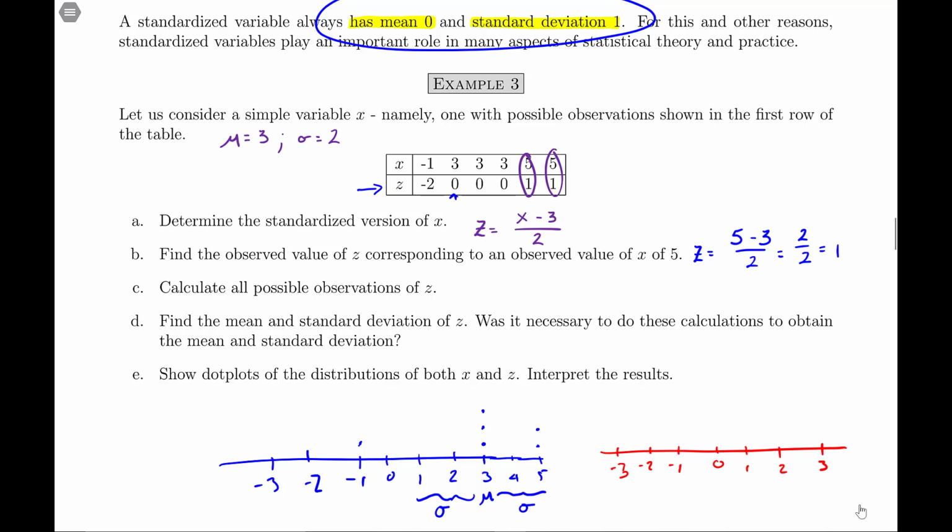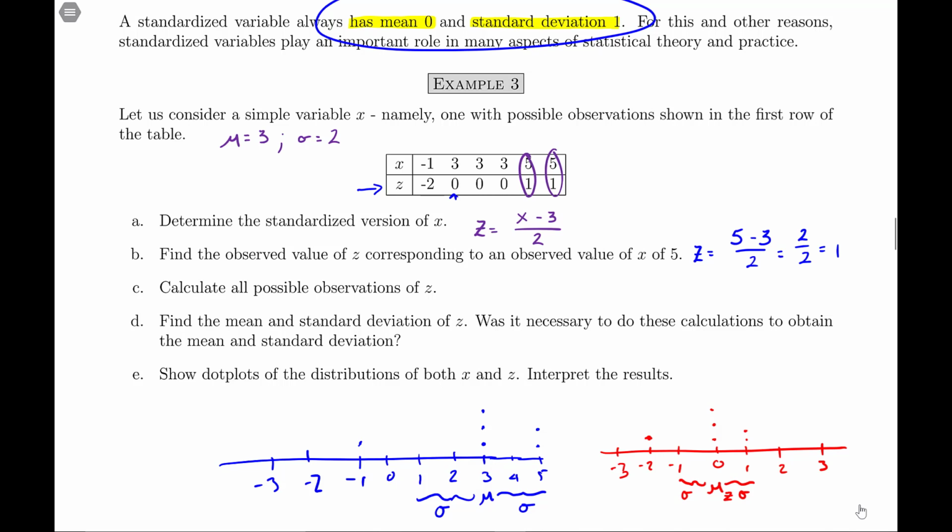We know that mu sub Z, the mean of our Z-scores, is 0. 1 standard deviation to the left, 1 standard deviation to the right. If I put in my observations, I have 3 of them that are at 0, 2 are at 1, and 1 is at -2. So there's my dot plots. That's really quick and rough. But the interpretation is they show how standardizing shifts a distribution so that the new mean is 0, and it changes the scale.